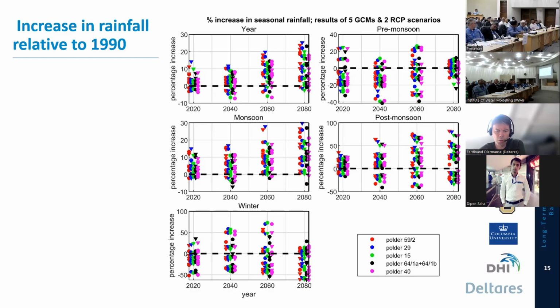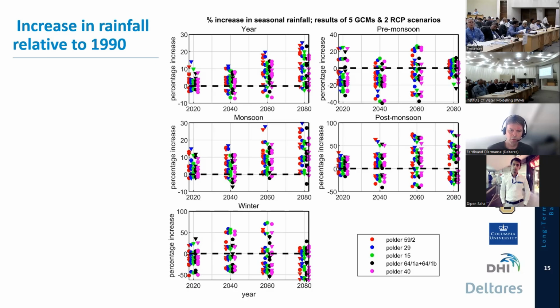So we have 5 models and 2 different RCP climate scenarios, and therefore we have 10 different projections for each polder system. Now, what is clear from this picture is that you see a very large range between all the model projections.